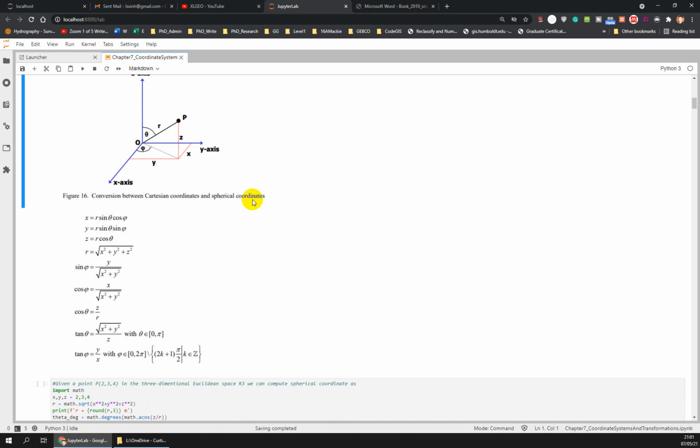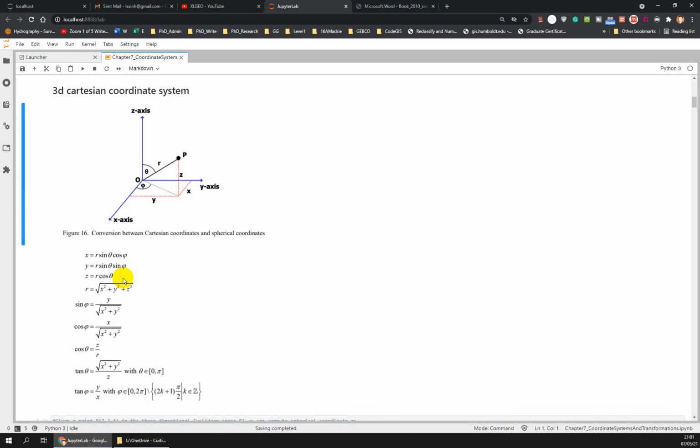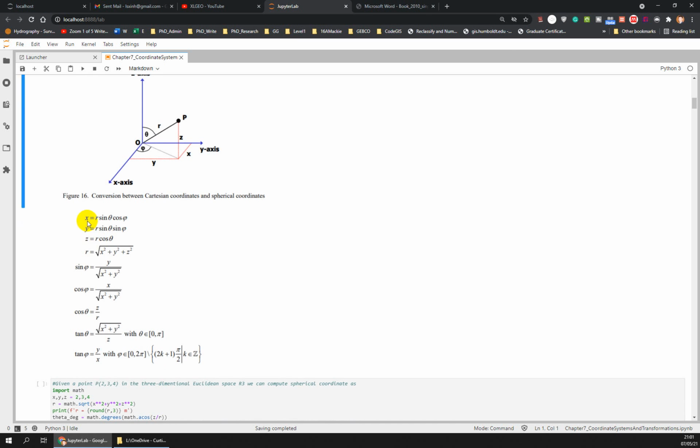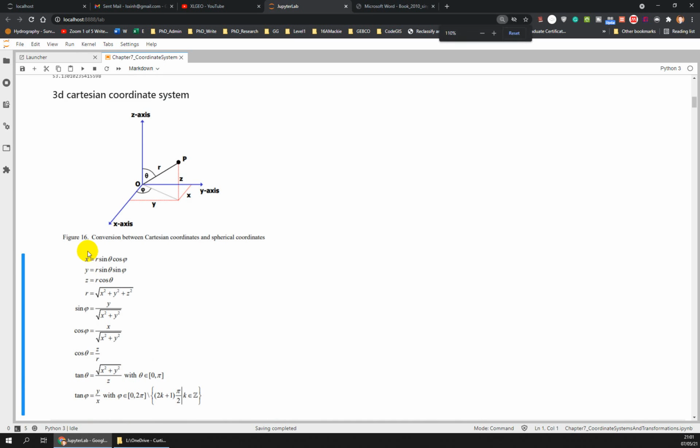In order to do that, we just use the following formulas, where x is equal to r multiplied by sine theta and multiplied by cosine of phi. The way we calculate x is, first, we project OP onto the OXY plane.